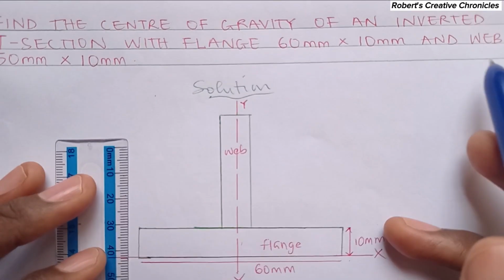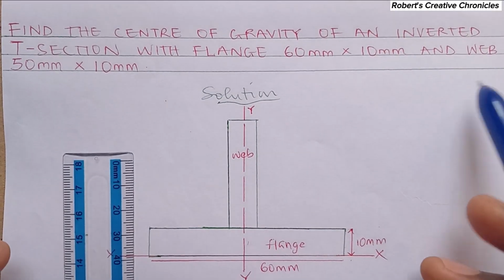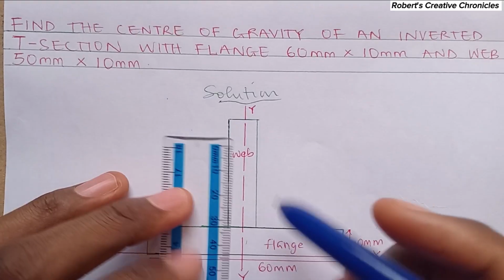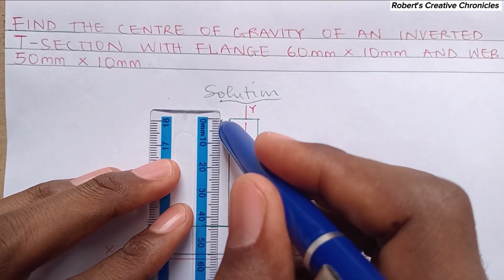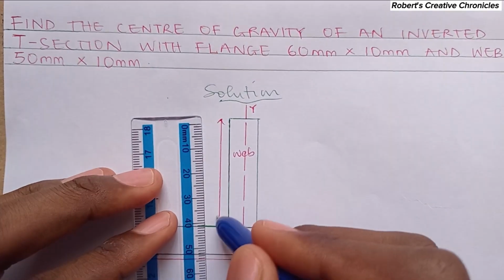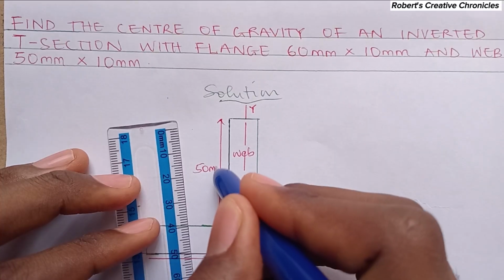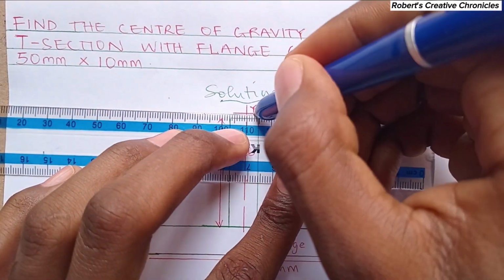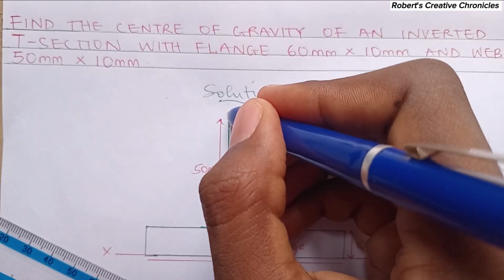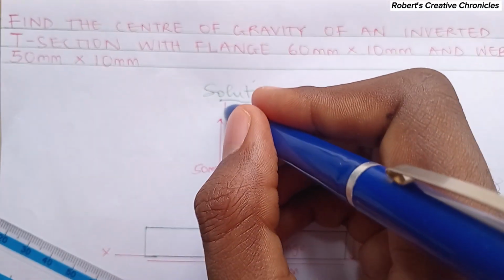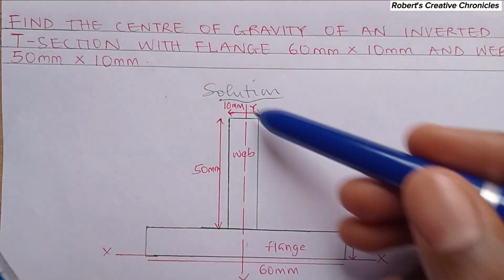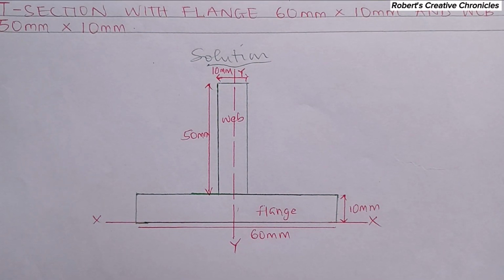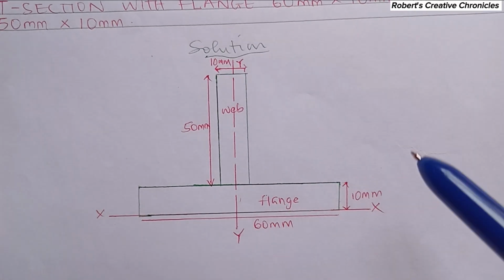Then the web is 50 mm by 10 mm, so the web here also will be 50 mm by 10 mm. So this is 50 by 10, the web, and the flange is 60 by 10. So now we can proceed.